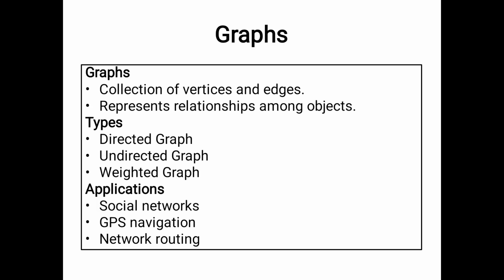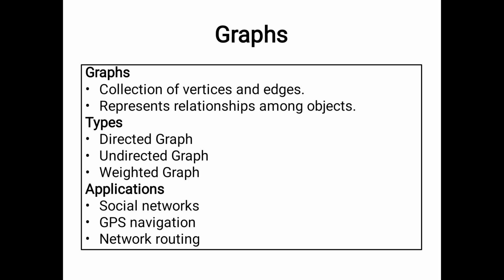And then the next is the graph. A graph is a collection of vertices and edges. The vertices are connected by using edges. It represents relationships among objects. In graphs we have some types: directed graph, undirected graph, and weighted graph. In a directed graph there is a direction on the edges.